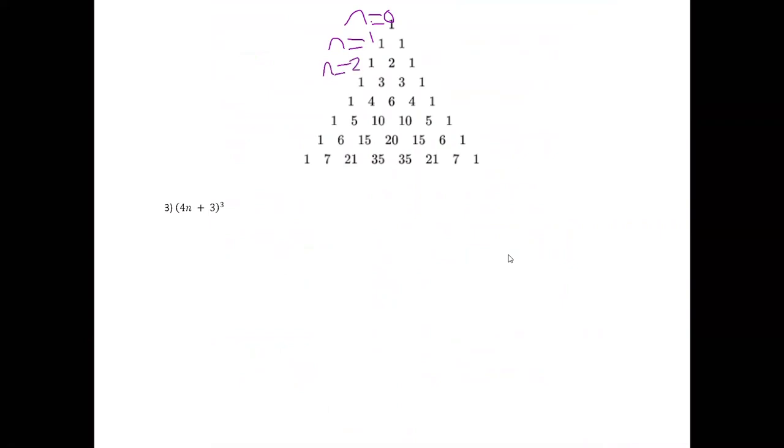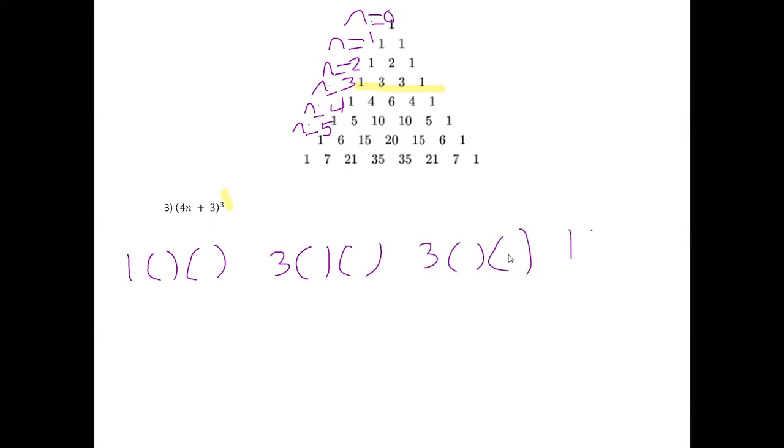So I just want to label my rows really quick. Okay. And we're not going to go any higher than that. So once again, we have a third power, so we're looking at the same row as the last problem. So we have a 1, your parentheses, we have a 3, put your set of parentheses, we have another 3, put your set of parentheses, and we have a final 1, put your set of parentheses.